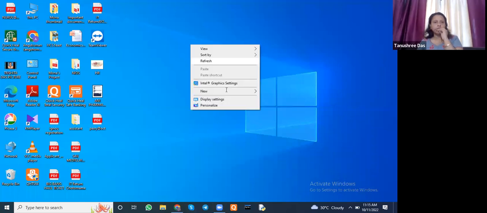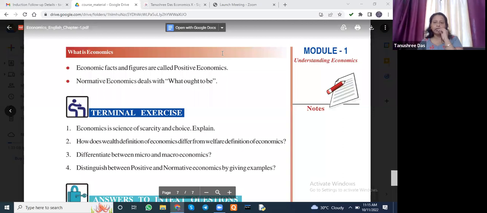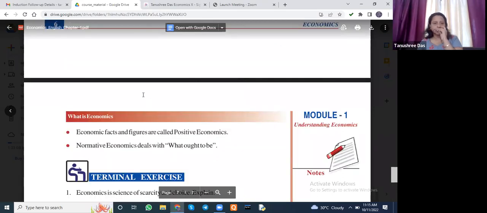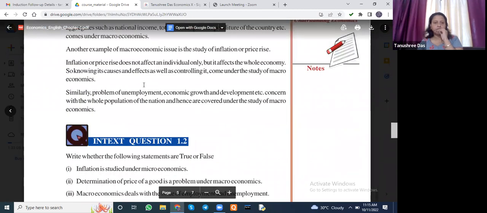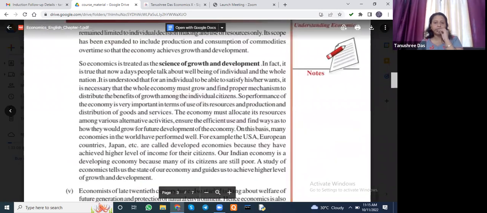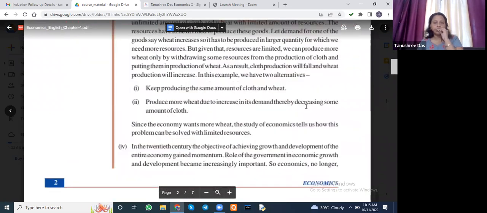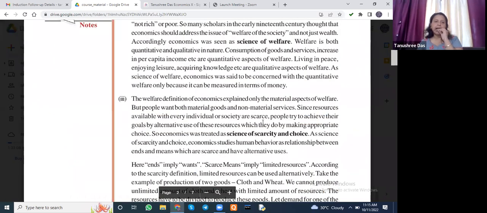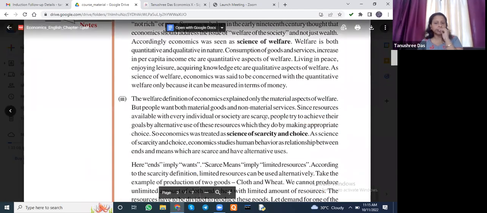We can get the answer from the first part. We will get the answer from here. At first, you need to write the meaning: what is scarcity and what is choice. You will get the answer from here: the resources available with every individual or society are scarce.